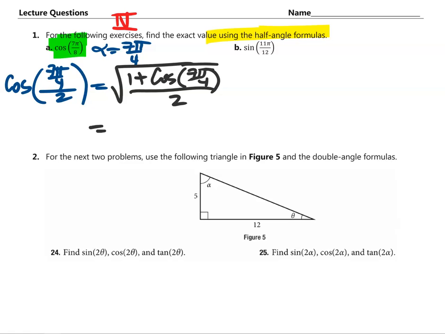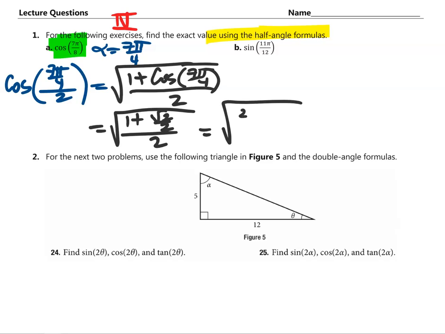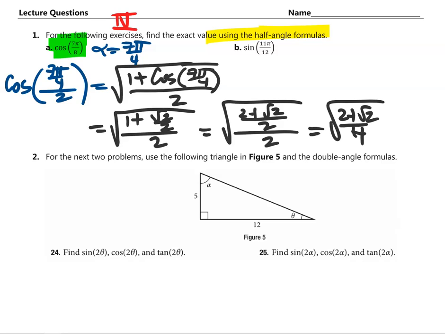And cosine in quadrant 4 is positive, and that is equivalent to the square root of 2 over 2 over 2, which is equal to square root of 2 plus square root of 2 over 2 all over 2. Again, 2 times 2 is 4, so that is square root of 2 plus square root of 2 over 4.